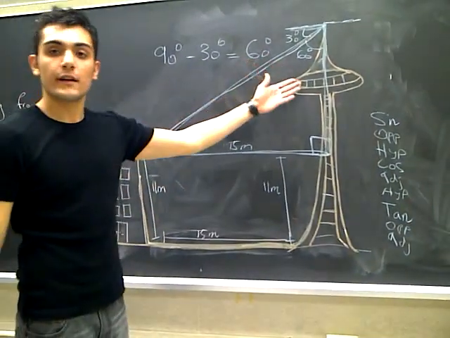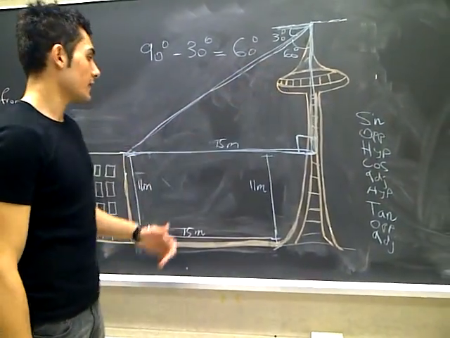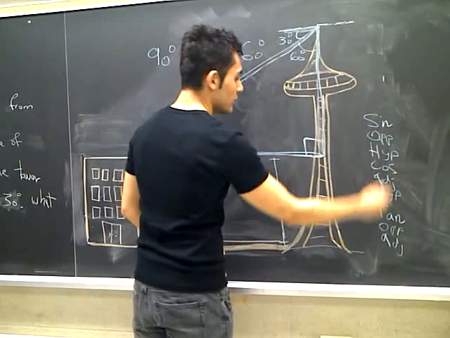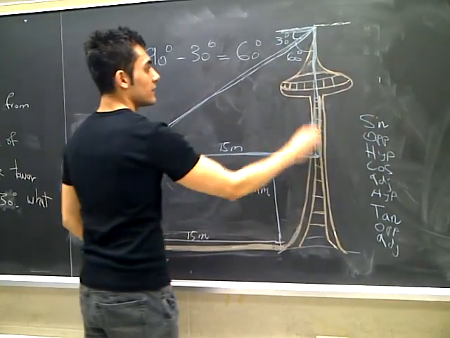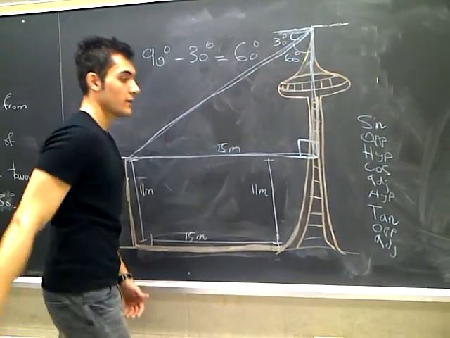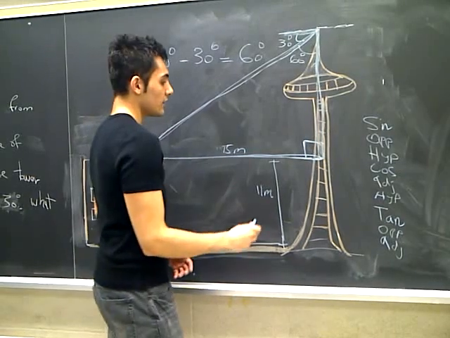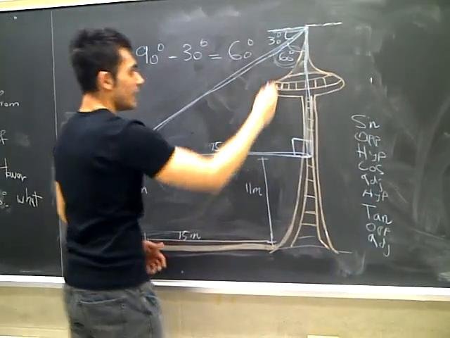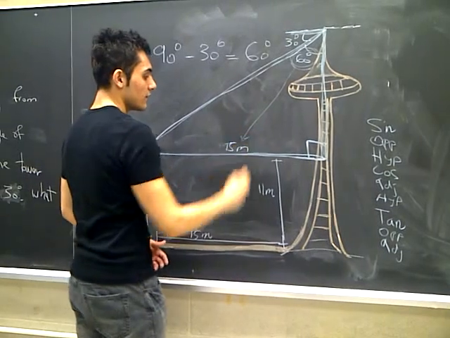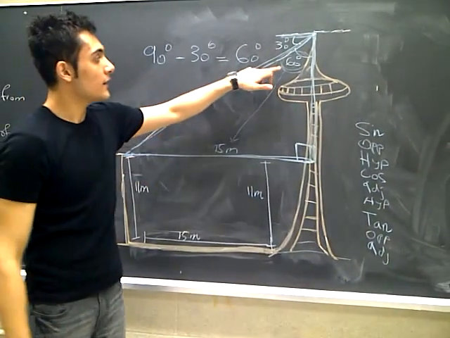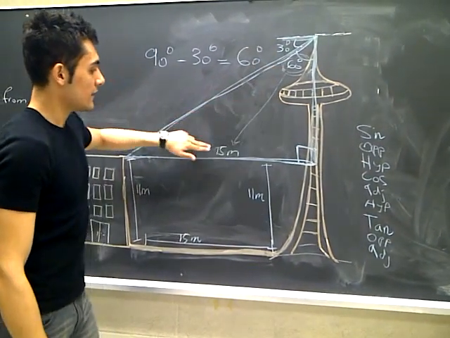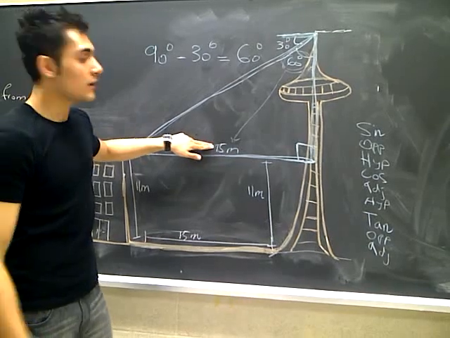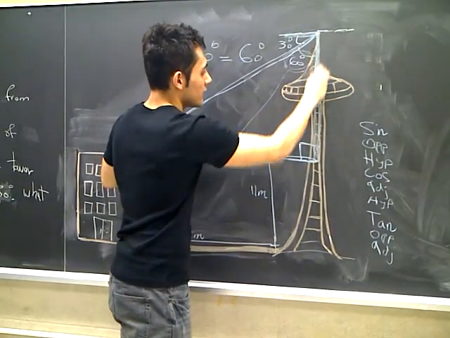Now we have an interior angle for this triangle. Now we can use one of these rules to calculate this portion of the tower. Well, we have 60 degrees, and opposite from it is 15. So we have an angle and its opposite, and we're looking for its adjacent.